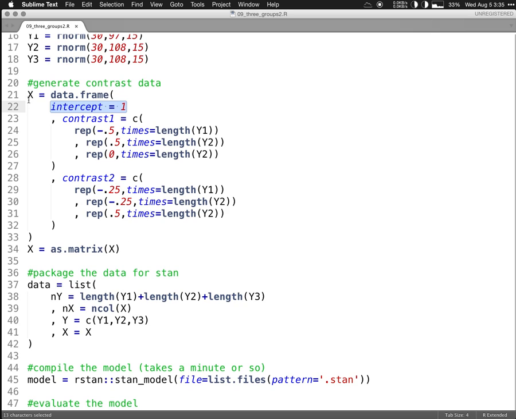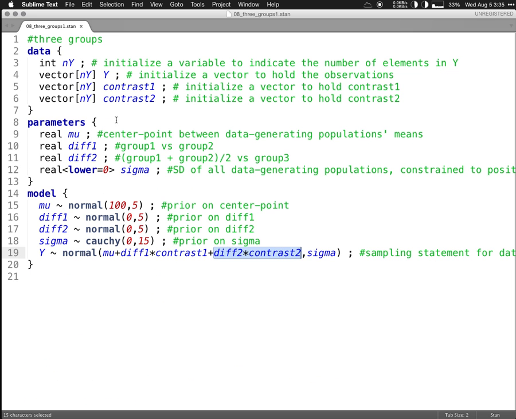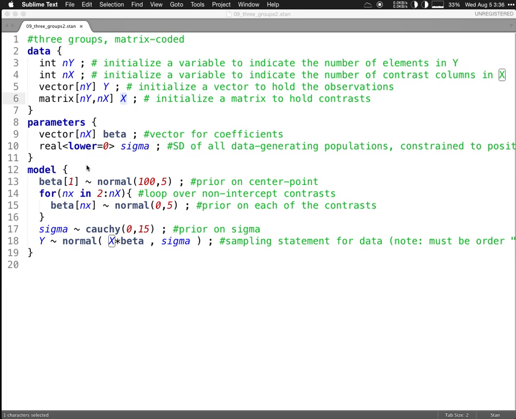Here I created it as a data frame for ease, and then I turned it into a matrix. This matrix has 3 columns, and those columns correspond to the 3 separate things that we had to create here. So instead of creating 3 separate things, I just create one thing called beta. It's going to have a length of nx, which is passed in as the number of columns of x, so 3.